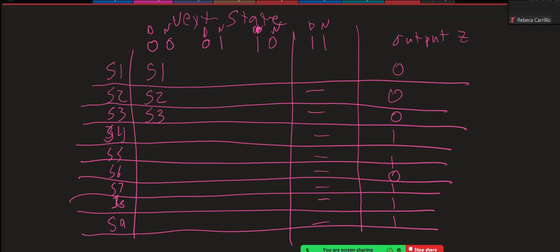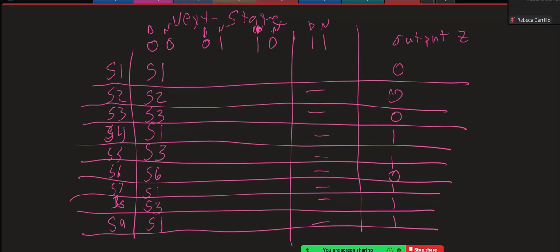S4, I think, went back to S1. S5 went to S3, S6 went to S6, S7 went to S1, S8 went to S3, and S9 went to S1. Does that match with what y'all have? Okay.